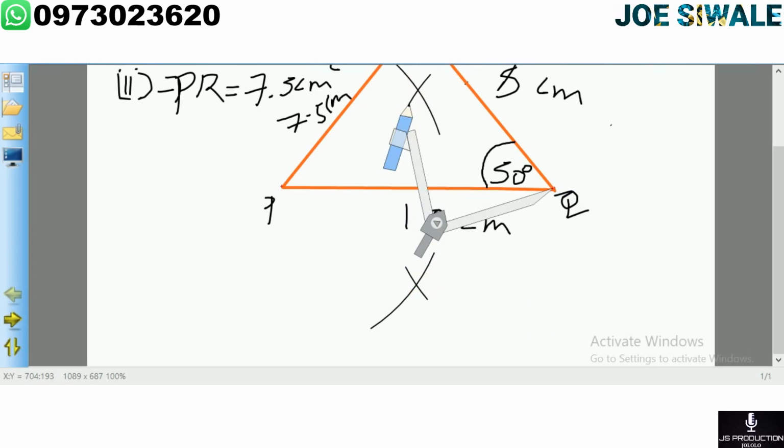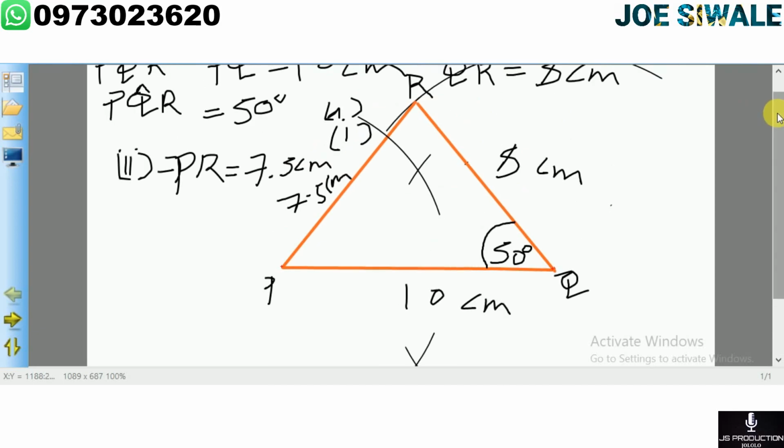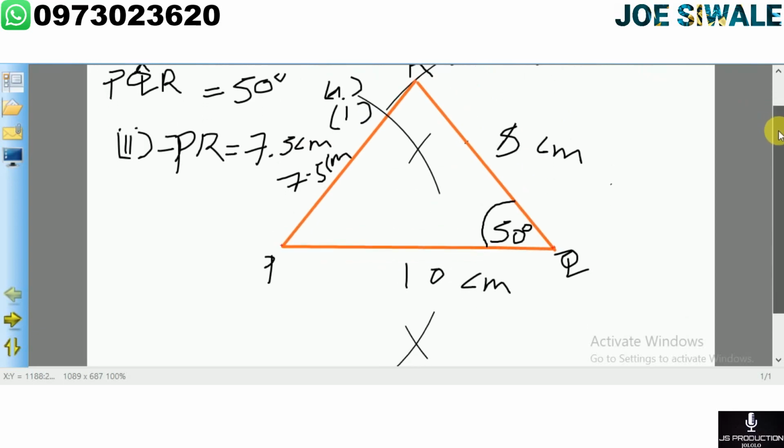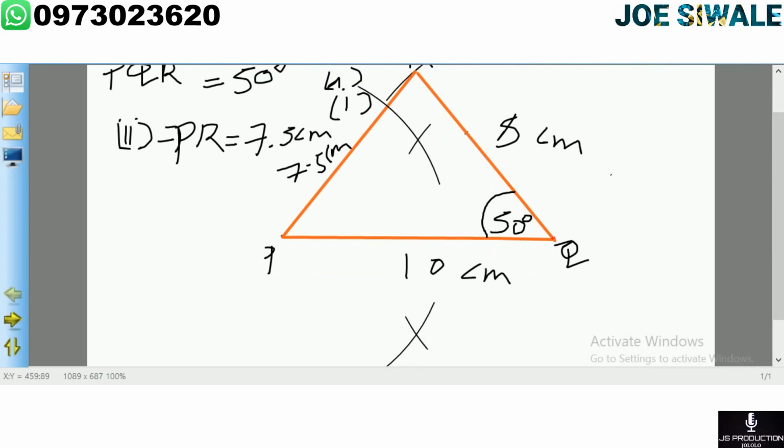And as I have done that, that means I have bisected that line. The only thing that remains is to connect these points. So I need to draw a straight line.